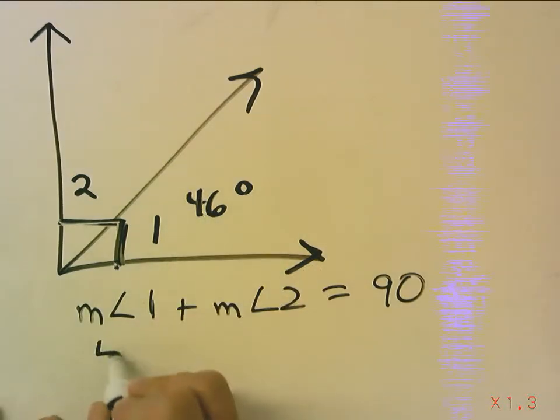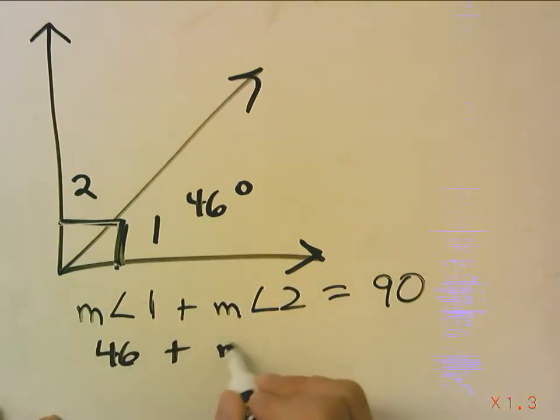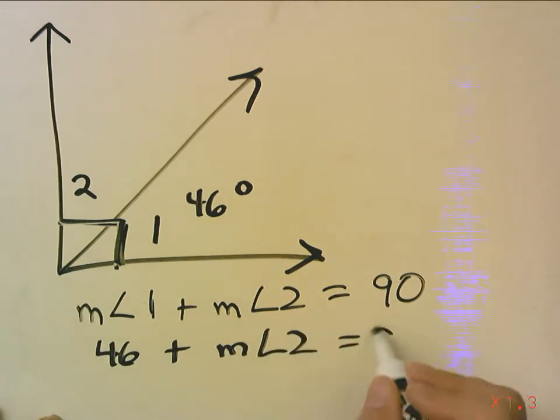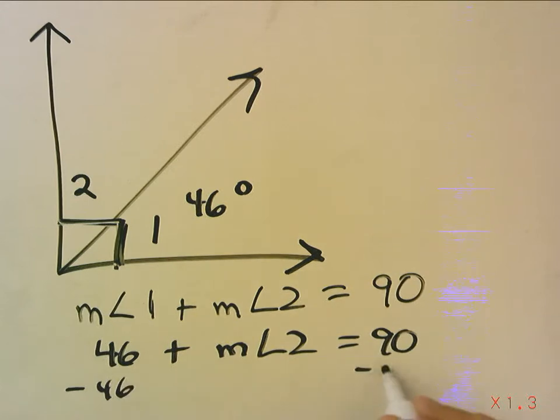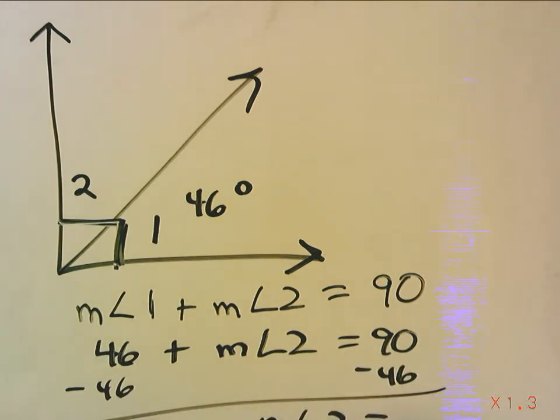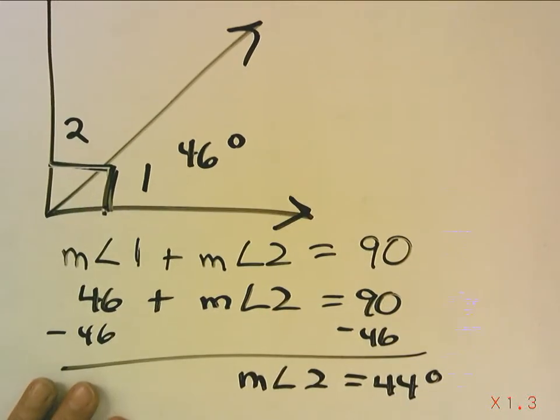I'm going to substitute 46 for the measure of angle 1. Now I'm just going to solve this like an equation. I'm going to subtract 46 from both sides, and that means the measure of angle 2 equals 44 degrees. So the answer would be 44 degrees.